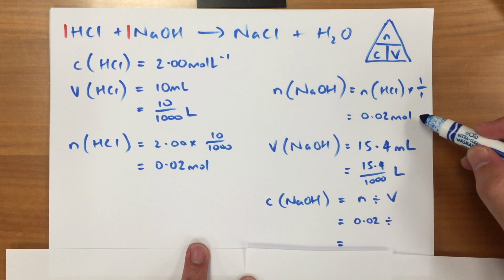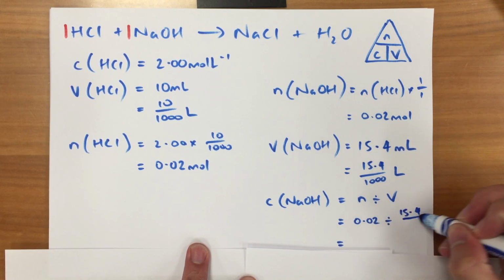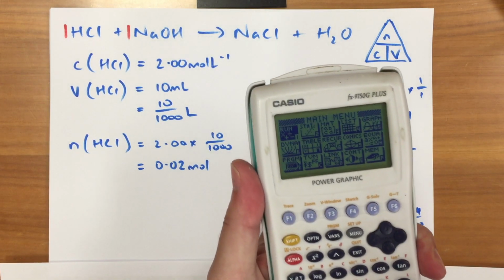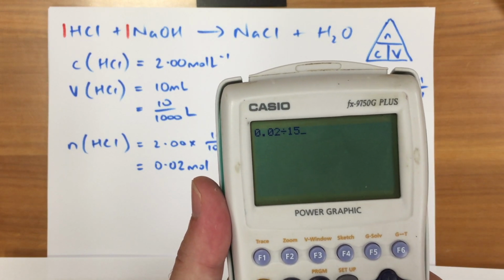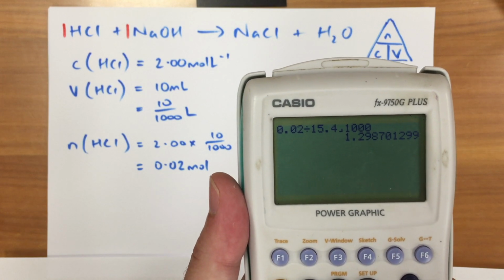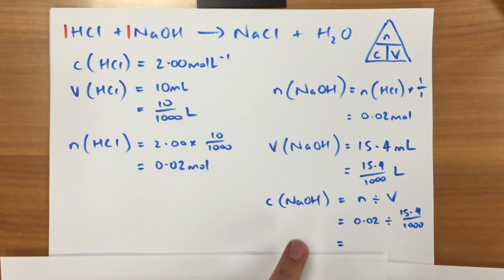My number of moles was 0.02. My volume was 15.4 over 1,000. So that equals 0.02 divided by 15.4 over 1,000, which is 1.30 to 3 significant figures, mole per litre.